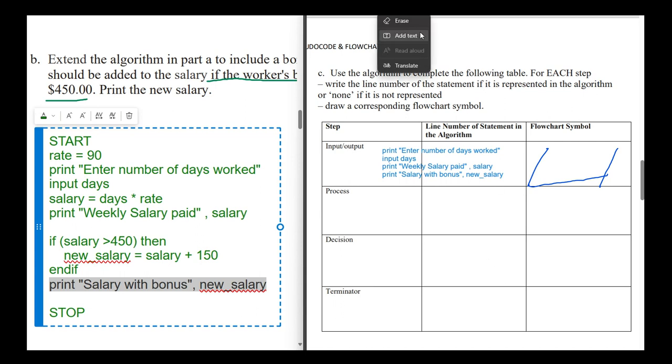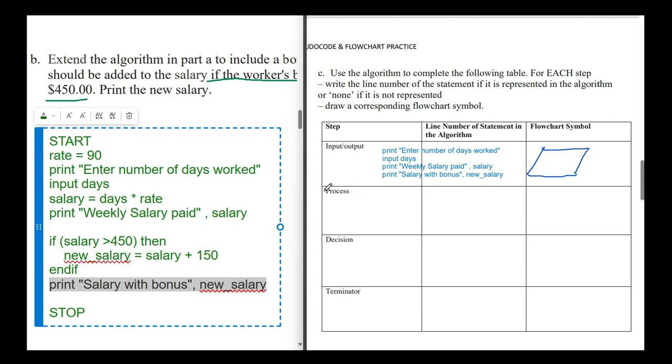Forgive me. So we need a parallelogram, and that is what you would use to put in your input. Parallelogram, right? For an input output.